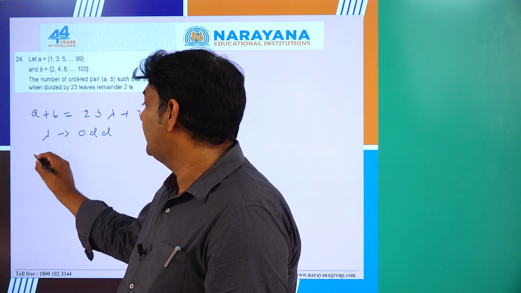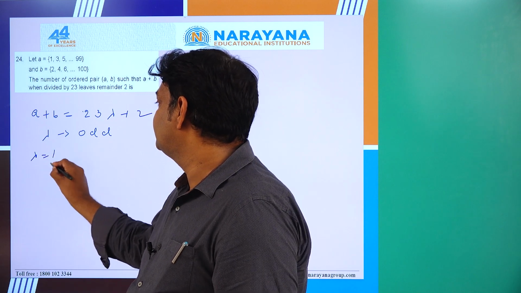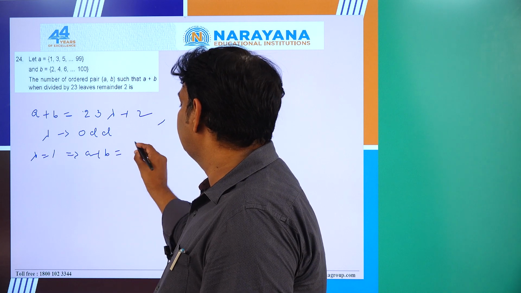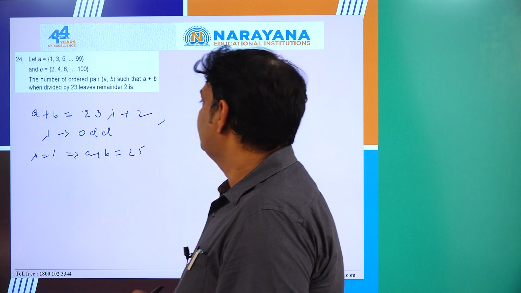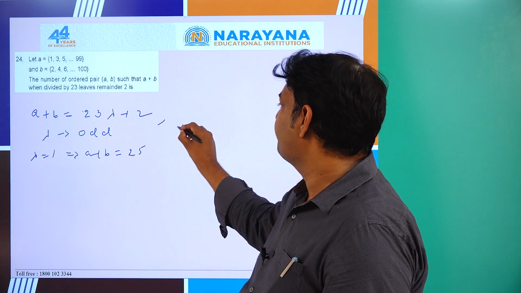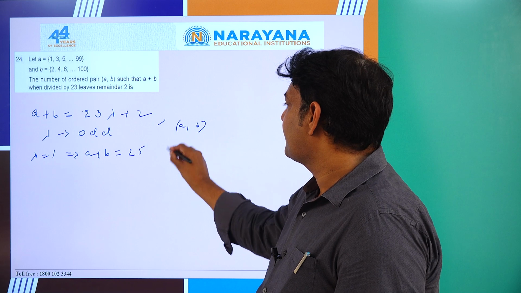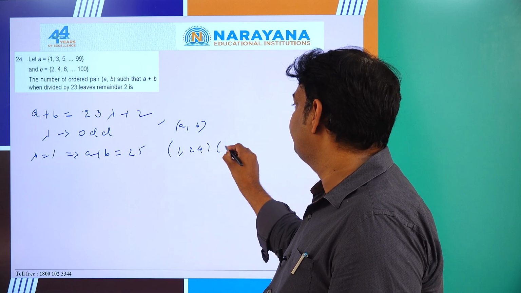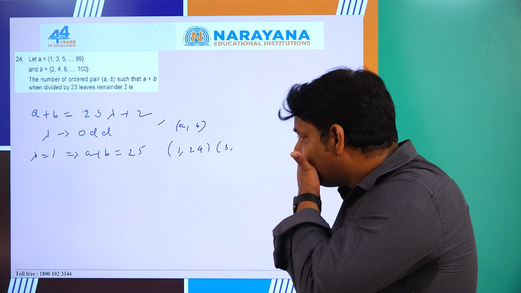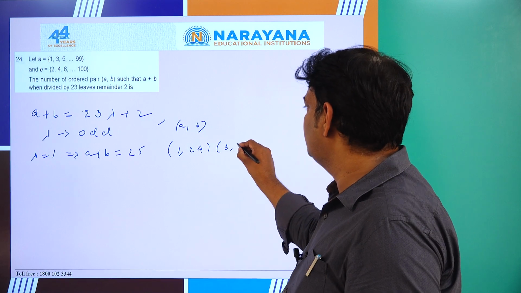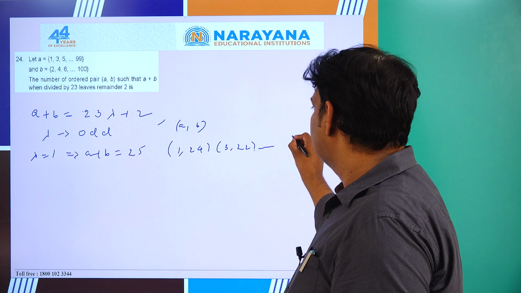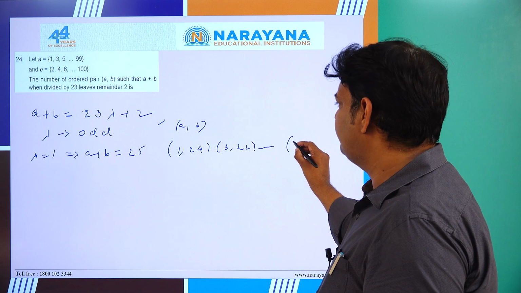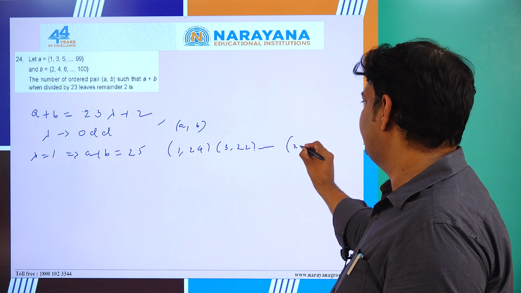So start with lambda 1. When lambda is 1, A plus B should be 23 plus 2, 25. So what are the ordered pairs A, B? A 1, B 24; A 3, B 22. Like this. Finally, the last possible value of A is an odd number, it can be 23.